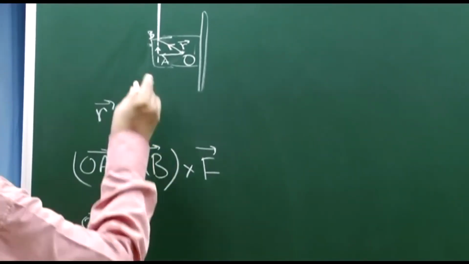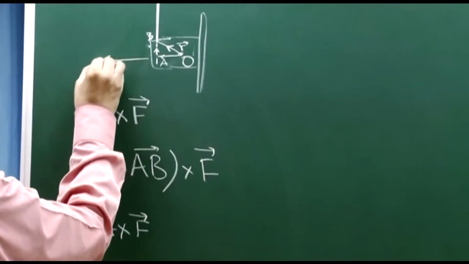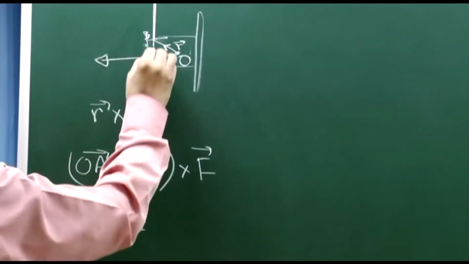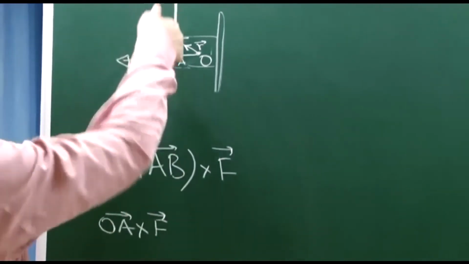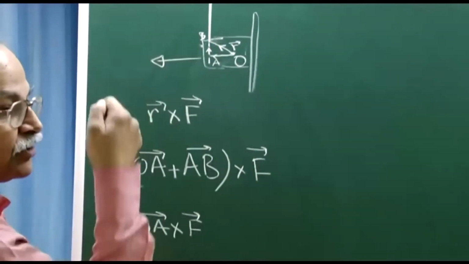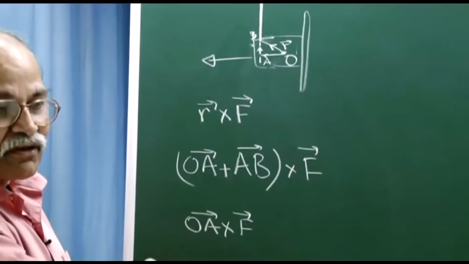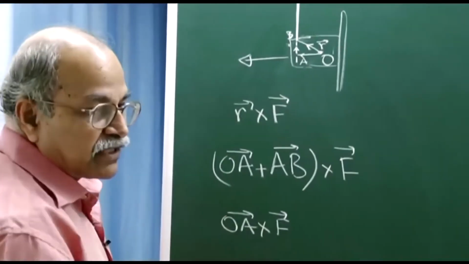So, what is the direction of OA? This is the direction of OA, and this is the direction of F. What is the direction of the torque? R cross F is going into the board. The torque is going into the board.